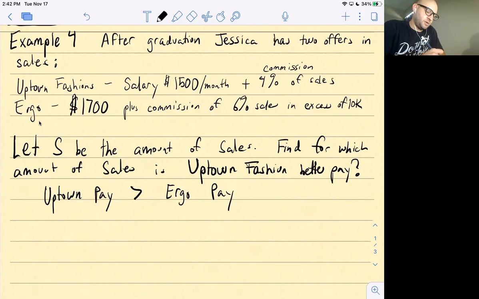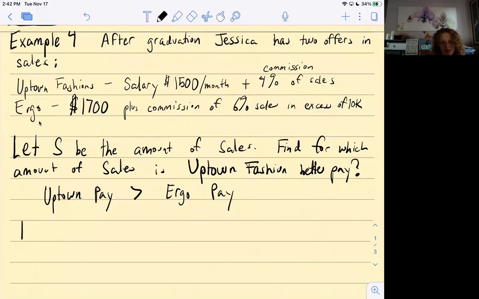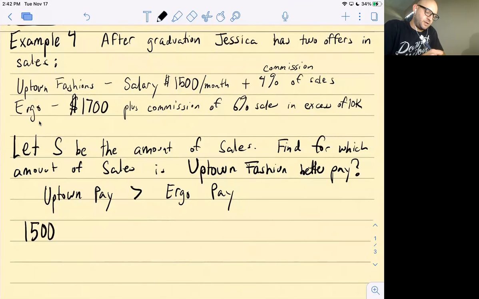Do you want to explain that idea? I did 0.04 for the percentage times the sales, plus 1,500 because it's per month. Nice. You have 1,500 here plus, and I'm just going to use the letter S because I introduced that as sales. But you can use X as well, totally okay.